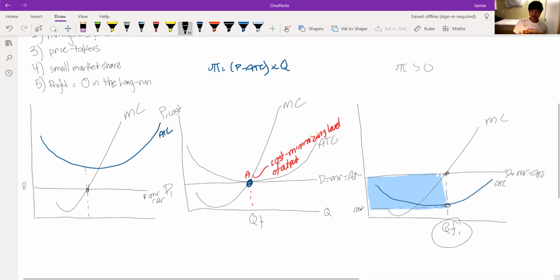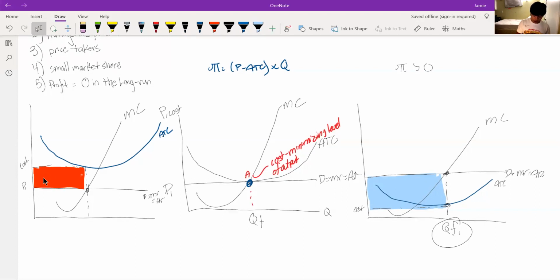There is a vertical distance between the marginal revenue and average total cost. This is a negative distance, which would imply a negative profit. So I use red to shade in losses. I would say it's economic loss. This is economic loss. This is economic profit.